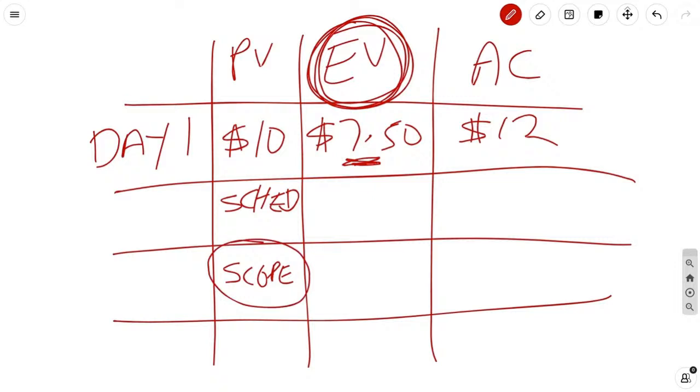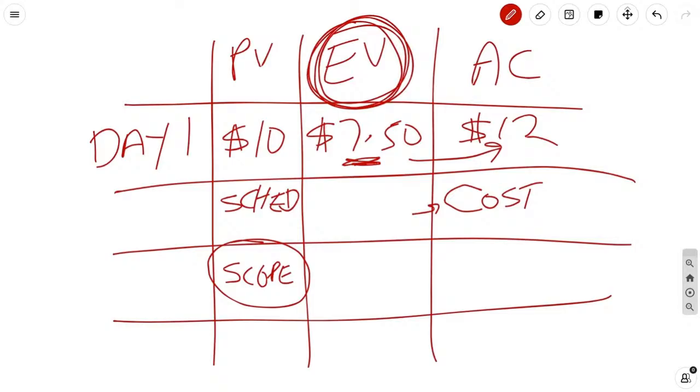Now, when you look at the actual cost, from a cost perspective, when you compare this to this, you can tell, wow, I got $7.50 of work, but I spent $12.